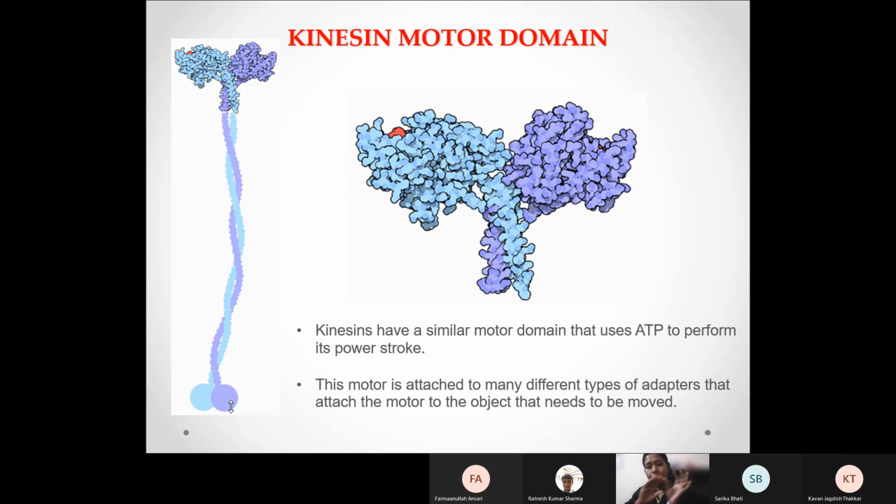So it tries to pull the bead along. So you would be able to see the bead displacement. And if you can also measure kinesin displacement by some means, say you've tagged the kinesin with GFP, and you're able to measure from time point X to time point Y what is the displacement of the kinesin itself. So you can have two readings.